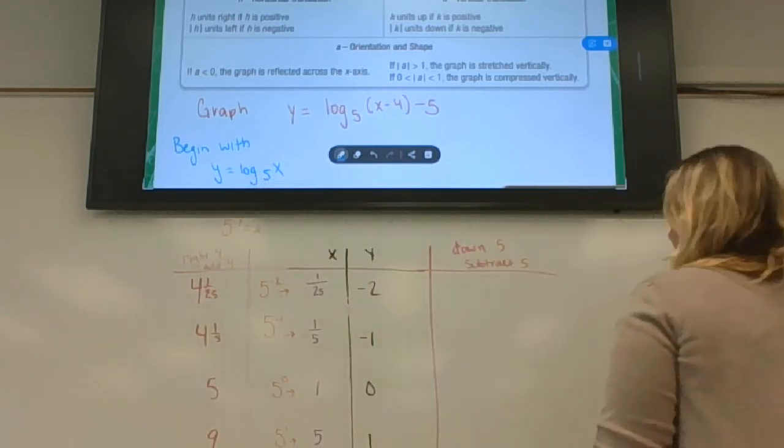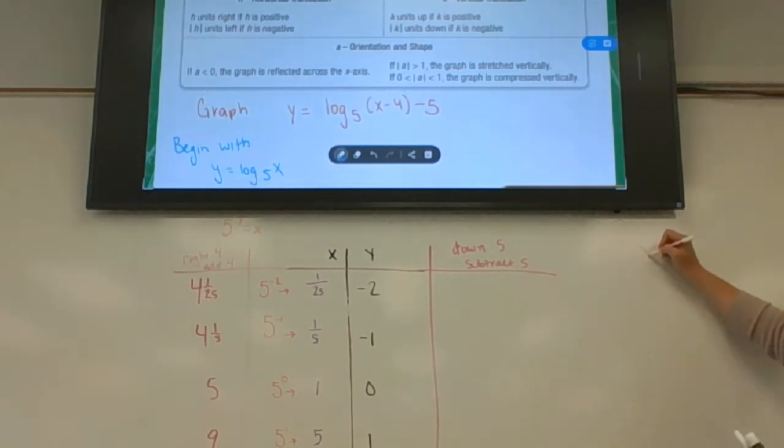So this equation is log base 5 of x, but it's going to be translated right 4 because of the 4 in the parentheses and down 5 because of the 5 at the end.